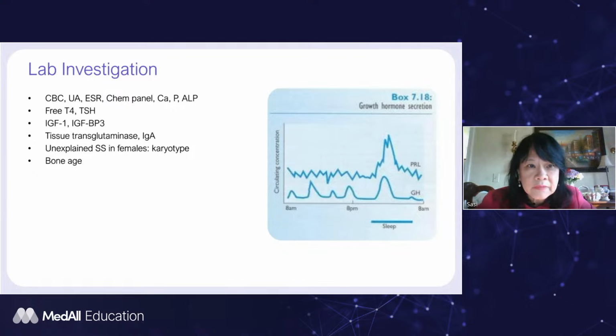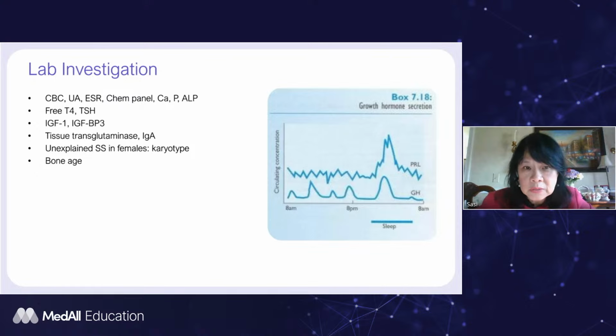So here's a list of lab investigations that we typically do when we assess a child with short stature or poor growth. We want to check a complete blood count to make sure that the child doesn't have anemia. We do urinalysis and sed rate. This is mainly to screen for Crohn's disease or any systemic inflammatory disease that can result in poor growth.